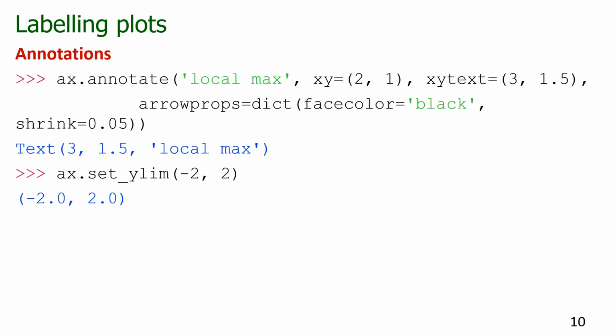Then annotated text is added using the method annotate. We are making the label local max, xy equal to 2 comma 1, xytext equal to the annotated arrow dimensions 3 comma 1.5. Then arrow properties, a dictionary of facecolor equal to black, shrink 0.05. Then set y limits, ax.set_ylim minus 2 comma 2.